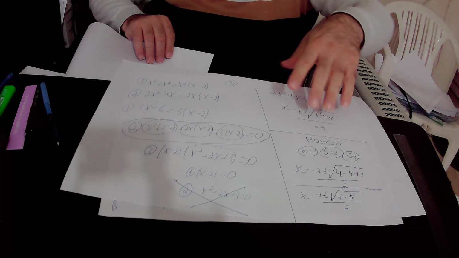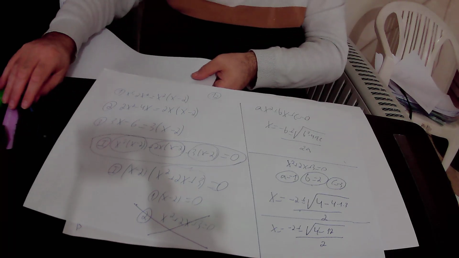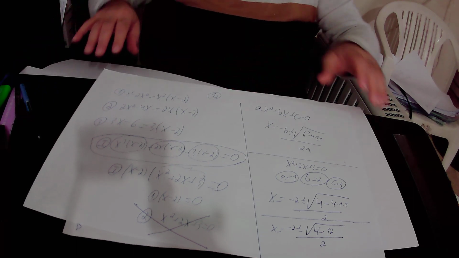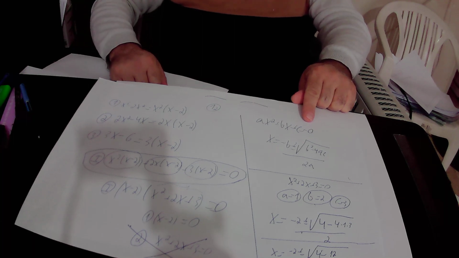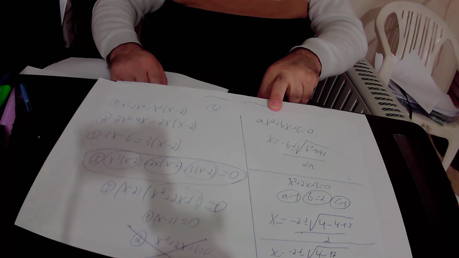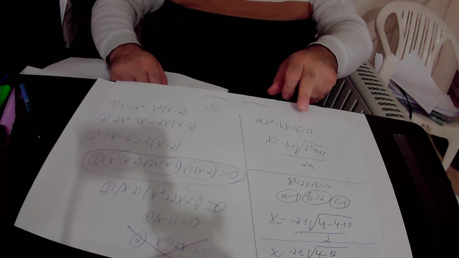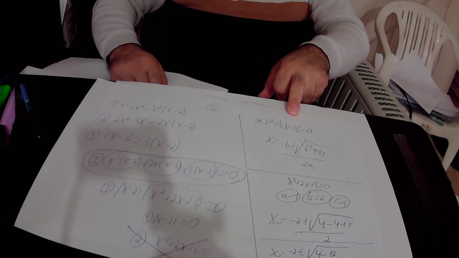X squared plus 2x plus 3 equals to 0 is a quadratic equation, and the general formula for a quadratic equation is ax squared plus bx plus c equals to 0. Here, in this general quadratic equation, a, b, and c are the coefficients, and x is the variable that we are looking for.